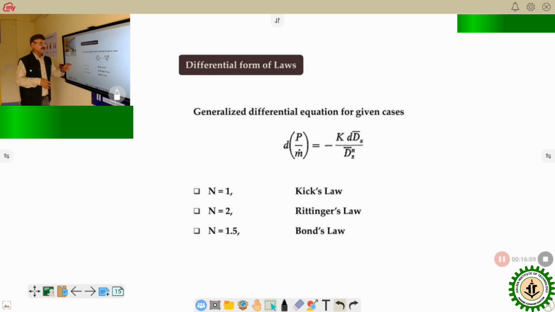If we apply Kick's law, then putting the value n equal to 1, it is possible to get the power input. If n is considered 2, then Rittinger's law is applicable. And for Bond's law, the value is 1.5. So you can see it is almost 1 and 2, and the average of these two is 1.5. So Bond's law is, that's why, widely accepted.